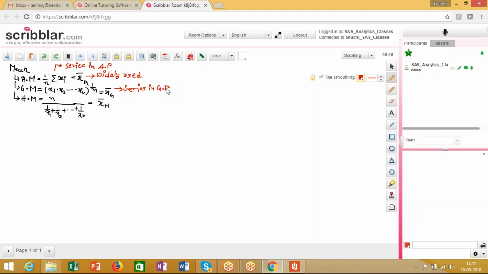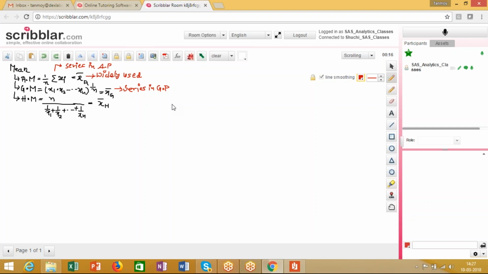Now, the question that comes out is: if a series is in arithmetic progression, then the arithmetic mean is to be used, whereas if my series is in a geometric progression, then I'll use a geometric mean.